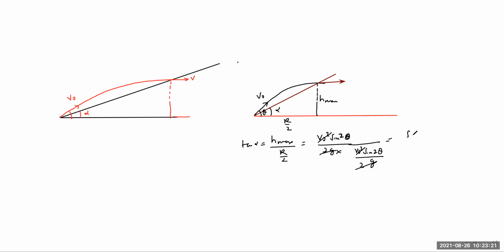So what we're getting is sin square theta by sin 2 theta, which is 2 sin theta into cos theta. So we are getting tan theta by 2. So tan theta is how much? 2 tan alpha. That's it.